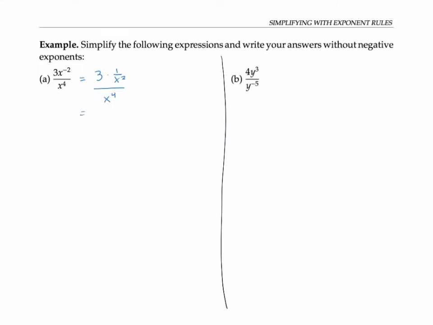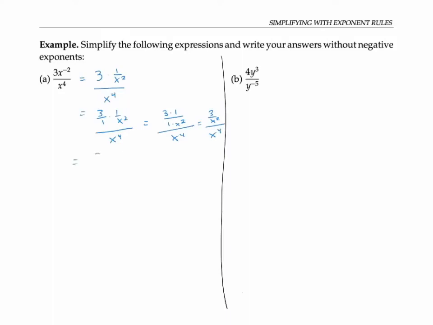Now, if we think of 3 as 3 over 1, we have a product of two fractions in our numerator, and so we evaluate that by taking the product of the numerators times the product of the denominators, which is 3 over x squared, all divided by x to the 4th.